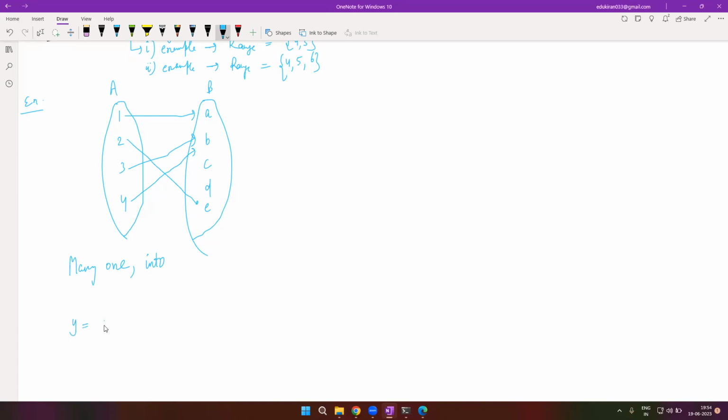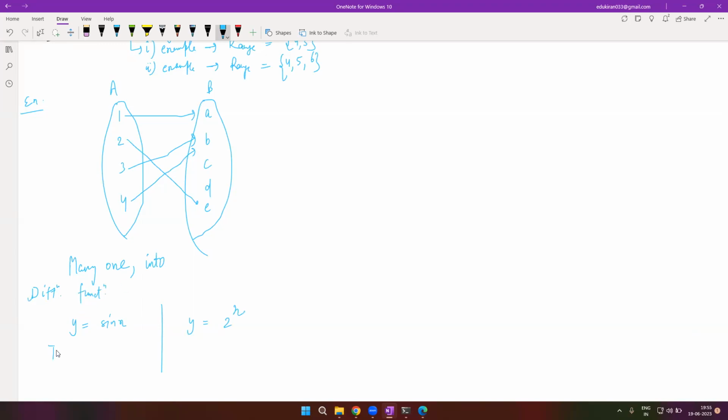Similarly, trigonometric functions, y equals sine x is a trigonometric function. Here we want to identify the relationship between y and x through this rule, sine rule. Similarly, y equals 2 to the power x, exponential function. These are different kinds of functions. There are different equations.